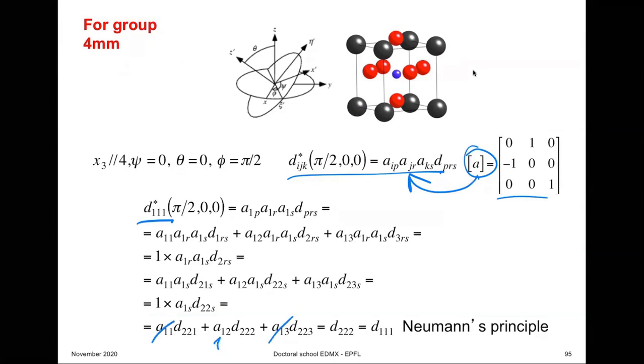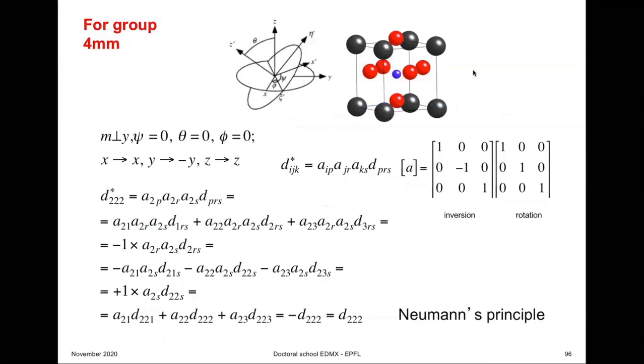We get that when we rotate the crystal, D11 will transform into D22, but since it has to be equal to itself if we rotate it by 90 degrees, we get that D22 must be equal to D11. And this is normal. We know that the crystal looks the same along the 1 and 2 axes, so it is normal that D22 and D11 must be the same. D22 would be in matrix form, D11 in matrix form.